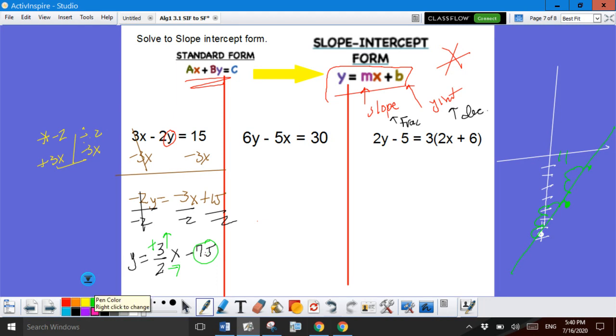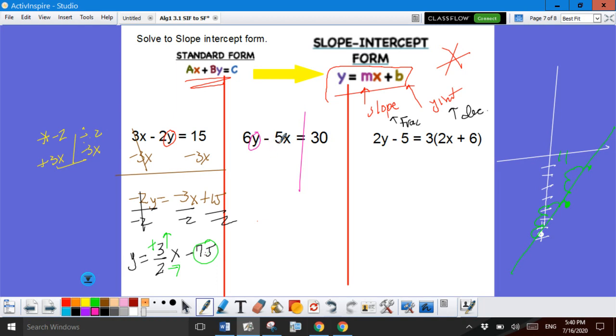All right. So why don't you go ahead and see what you can do with this next one. Keep in mind the order of the variables there and hit pause. See if you can solve for y. All right, let's see what you did. The y is what we're solving for, so that one stays. No matter where it is, it's going to stay.